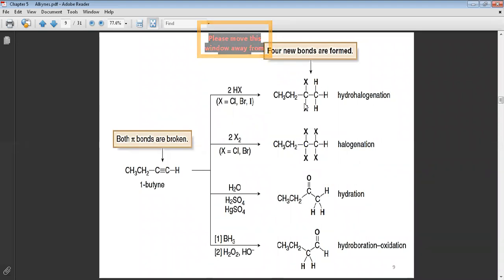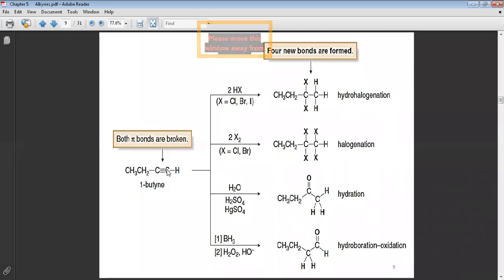Why do the two halogen atoms bond on the same carbon? This is not according to the Markovnikov rule, because of the stability of the carbocation, which you know. If you remember the addition of HX to an alkene compound, the proton is added on the less substituted carbon.